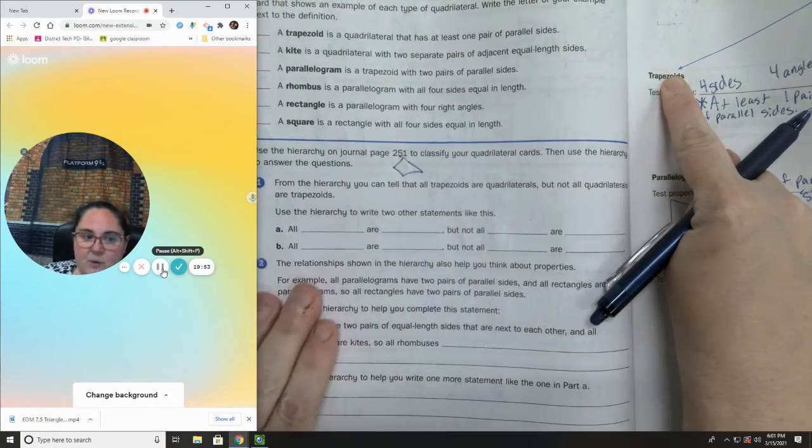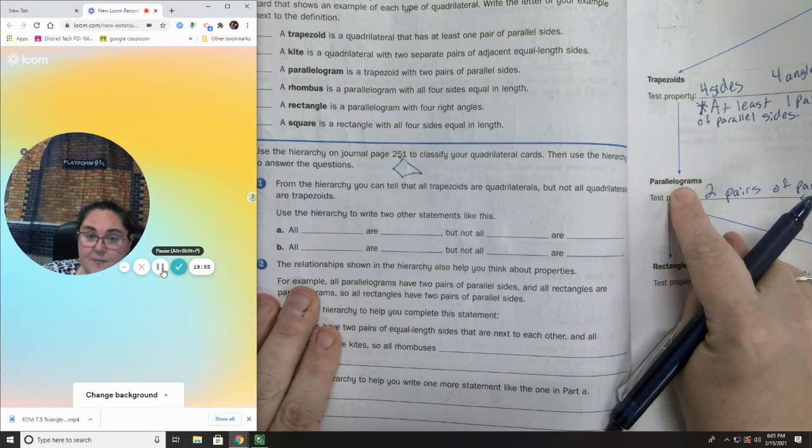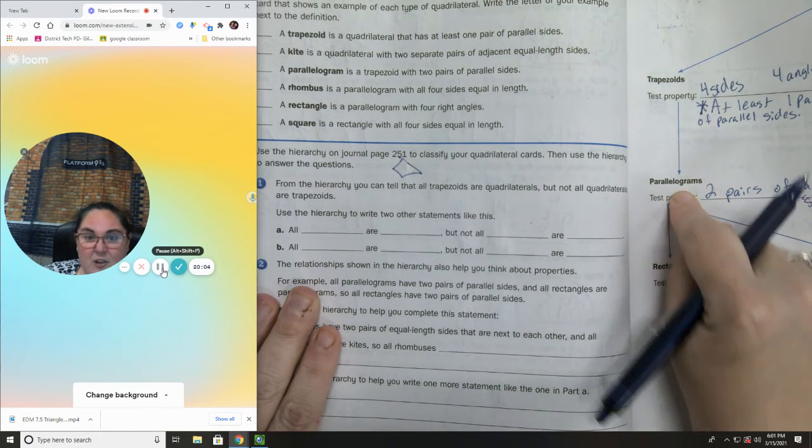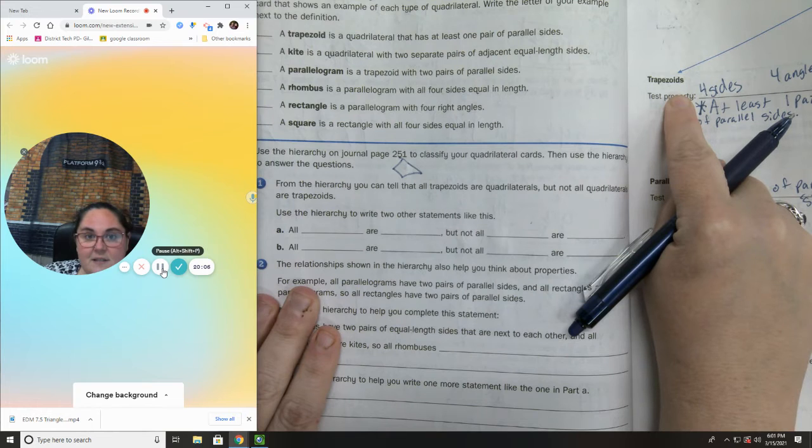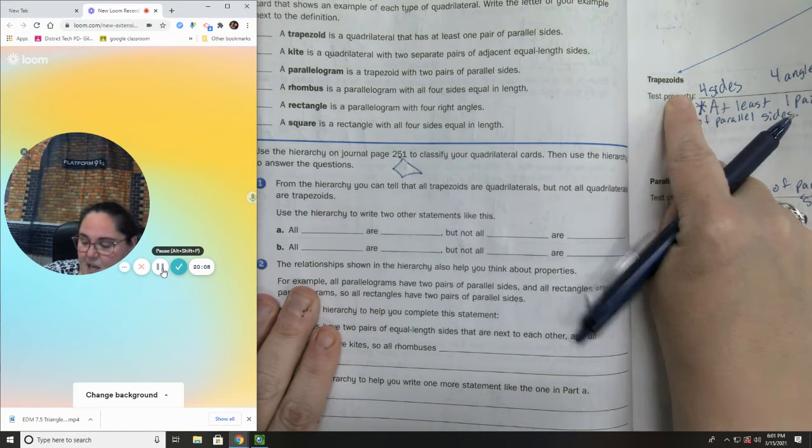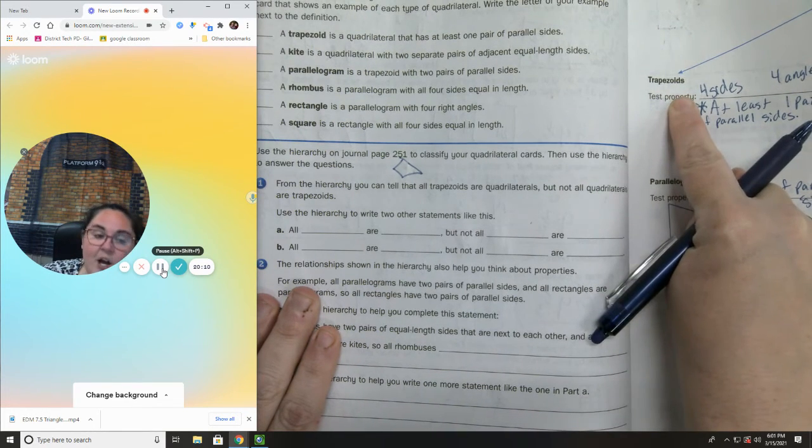Let's say trapezoids can be parallelograms. Right? But are they always? No. Are all parallelograms also trapezoids? Yes. So if you go up, that's an always.